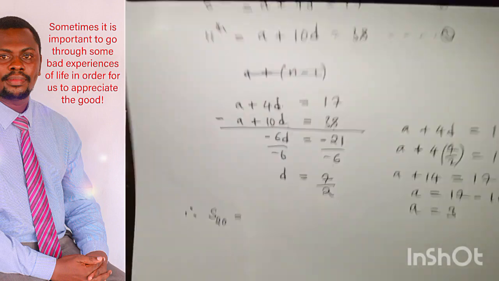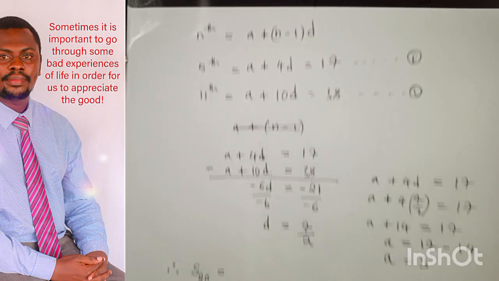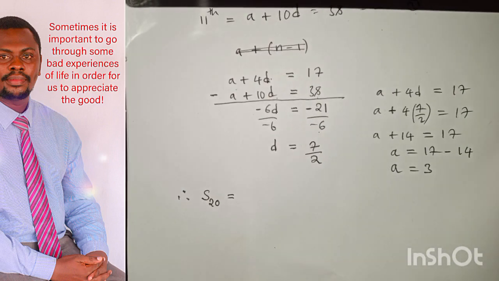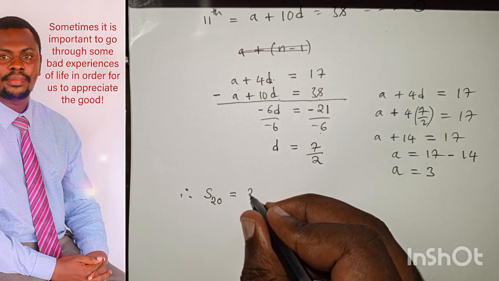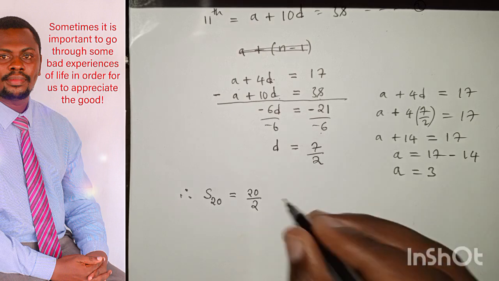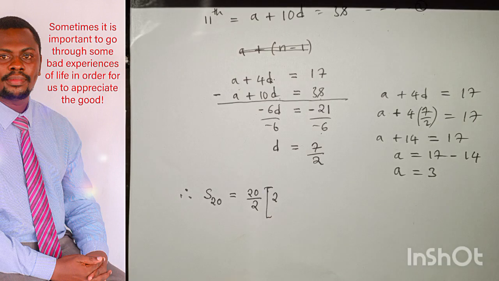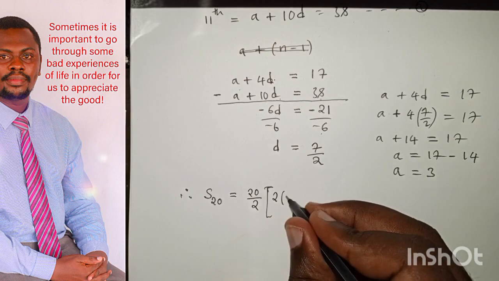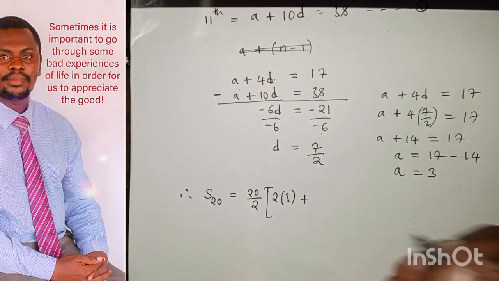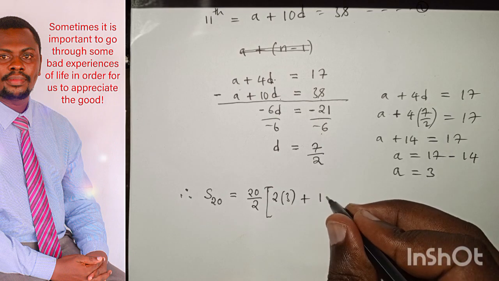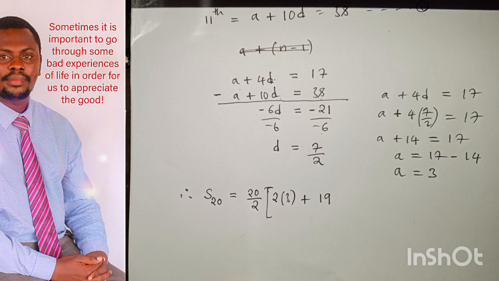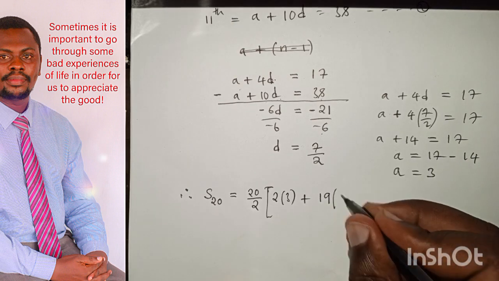So say n is 20 over 2, then in brackets we have 2a. A is 3, so 3 plus n minus 1, d. N is 20, so 20 minus 1 is 19, so we have 19d. That is 7 over 2.